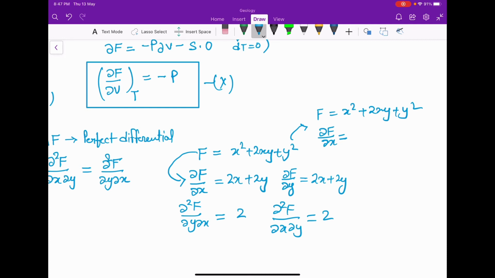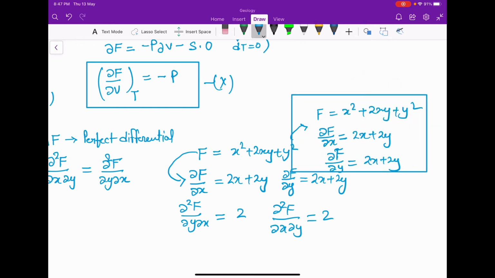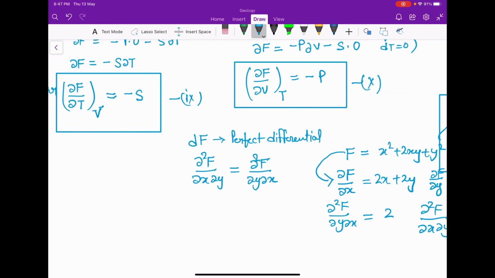Here y is constant, so that gives 2x plus 2y. Similarly, differentiating with respect to y gives del F by del y equal to 2x plus 2y. So this is the concept of partial differentiation. If dF is a perfect differential, that condition will hold.